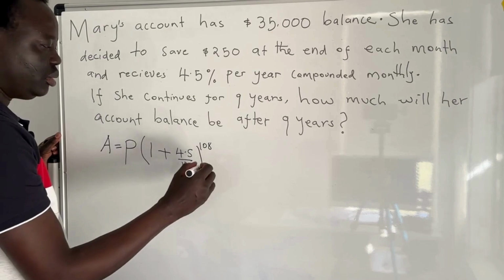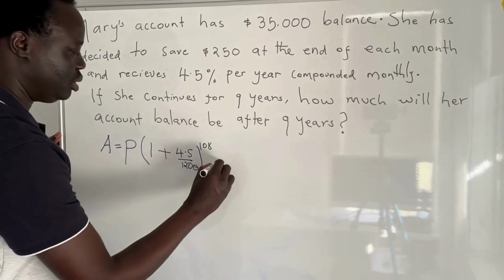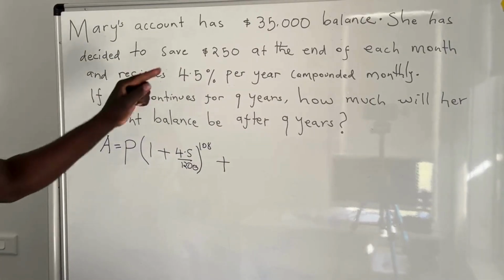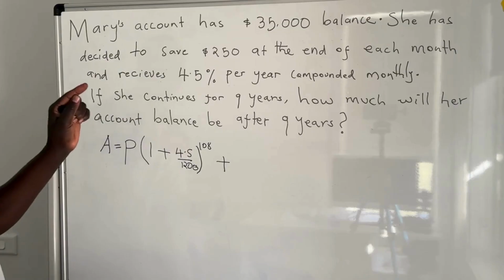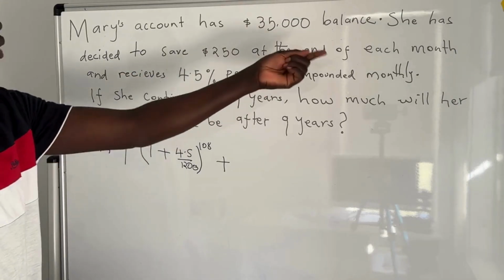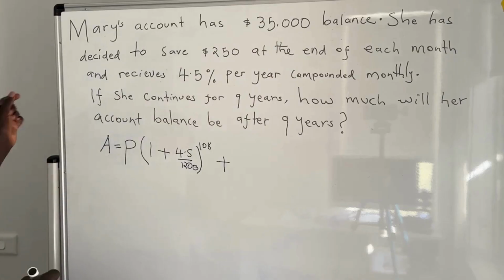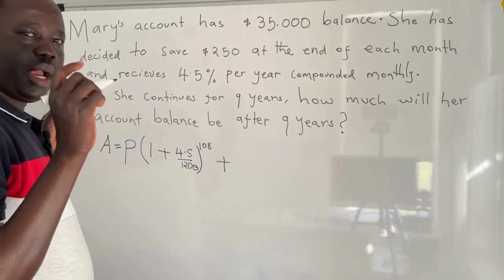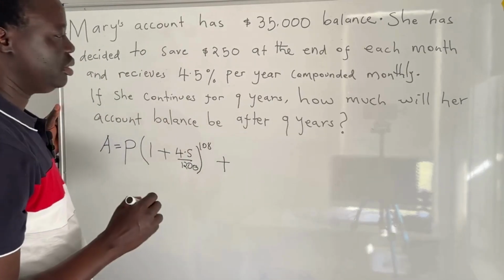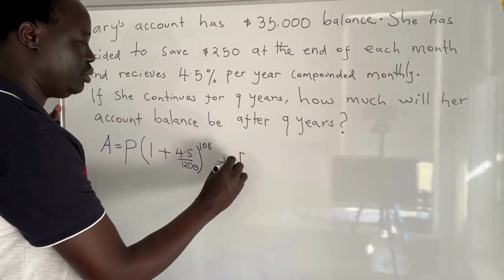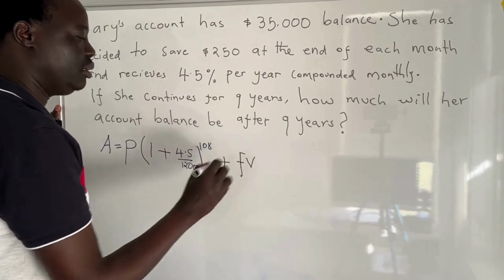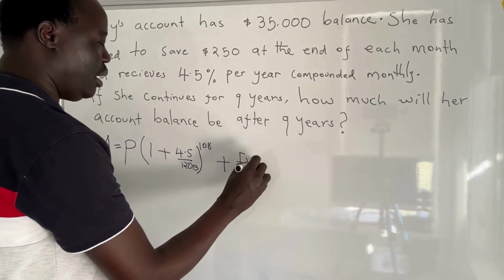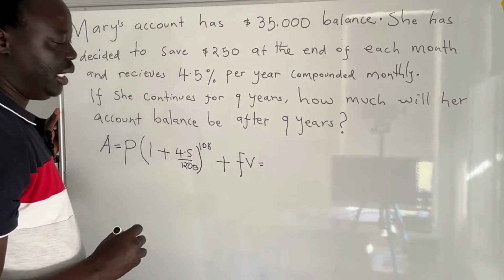And we are going to add this to the annuity part of it, because we are going to calculate how much will come from the annuity portion of this problem. The formula for the future value of ordinary annuity is, we say FV, future value of ordinary annuity, equals.